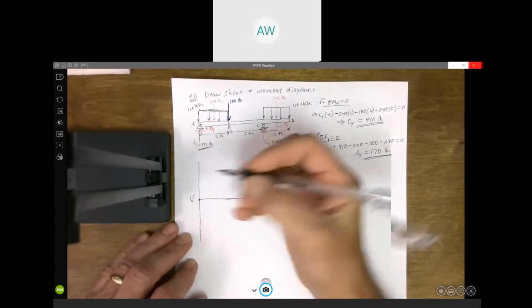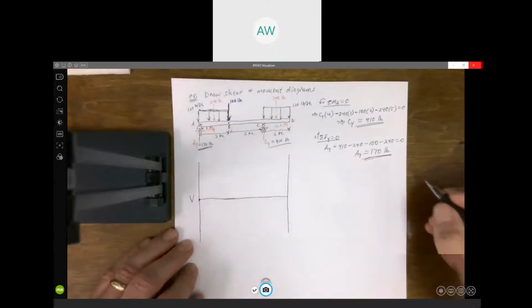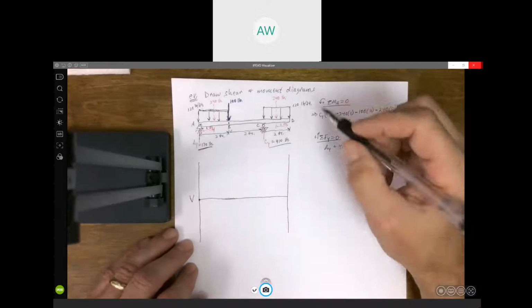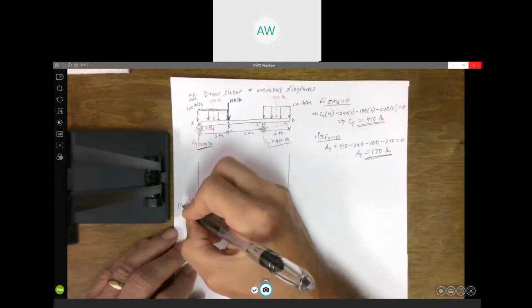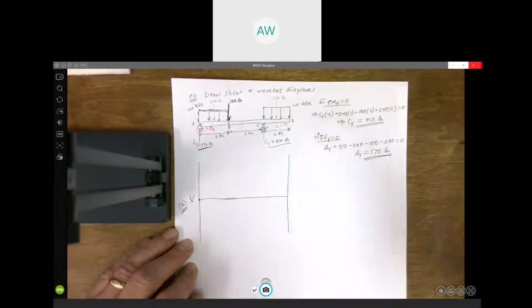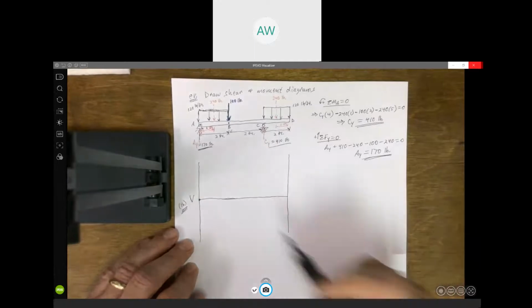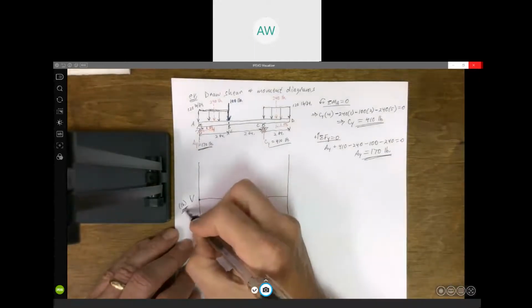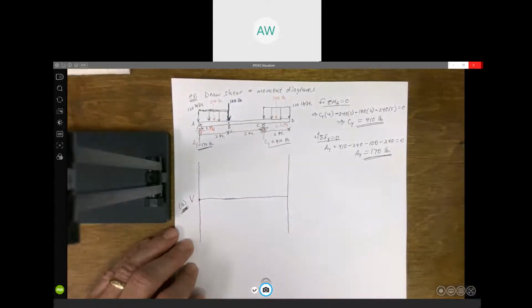So this is going to be our shear force diagram. Now here we do have numbers and we have units, and you only have to put it once. You don't have to put it beside every number on this diagram. As long as you've got the units given one time, that's sufficient.